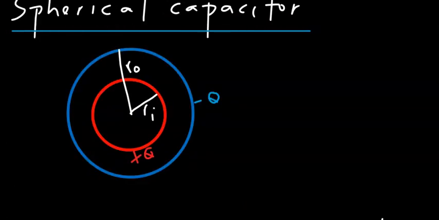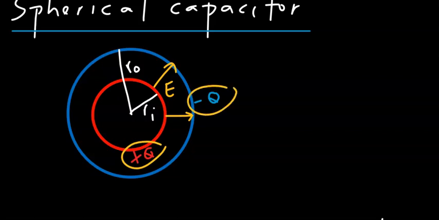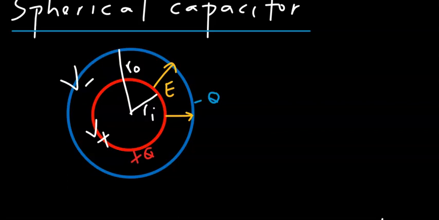Let's see how to calculate the capacitance of a spherical capacitor. So the inner radius is Ri, the outer radius is Ro. Of course the electric field would go like that, in that direction, because this is positively charged, the outer sphere is negatively charged. The inner sphere has a potential V+, the outer sphere V-. So that's the potential difference between the two spheres.